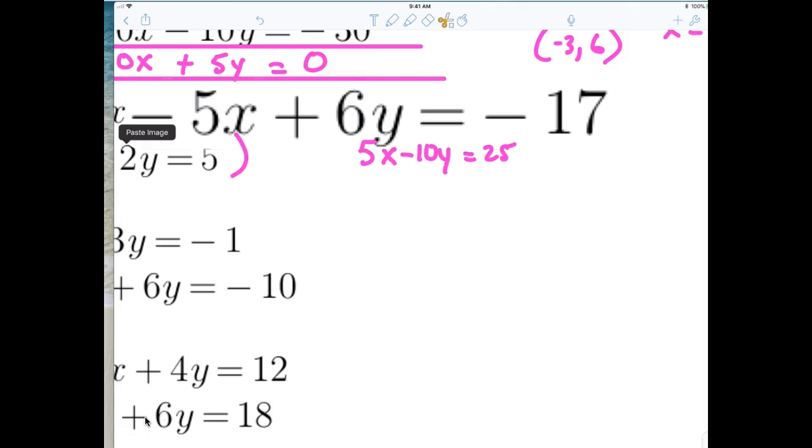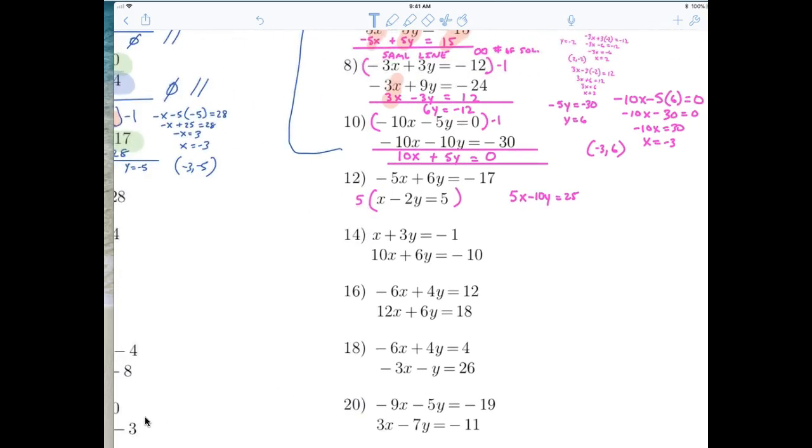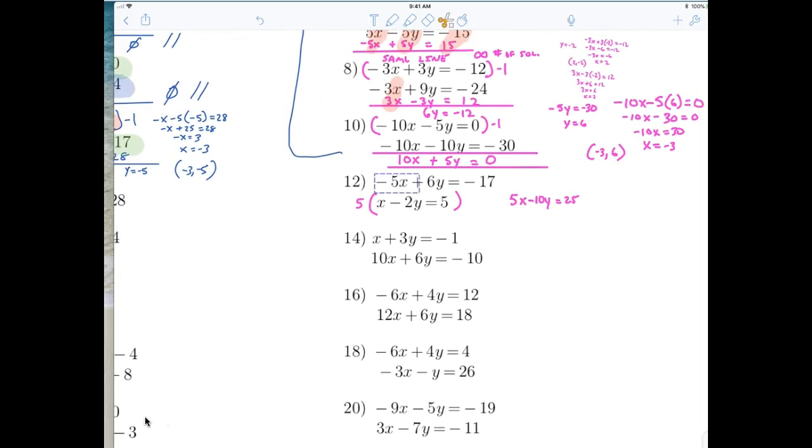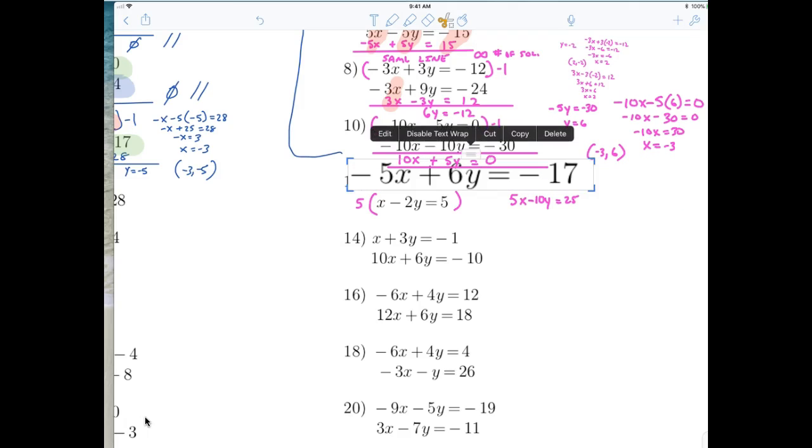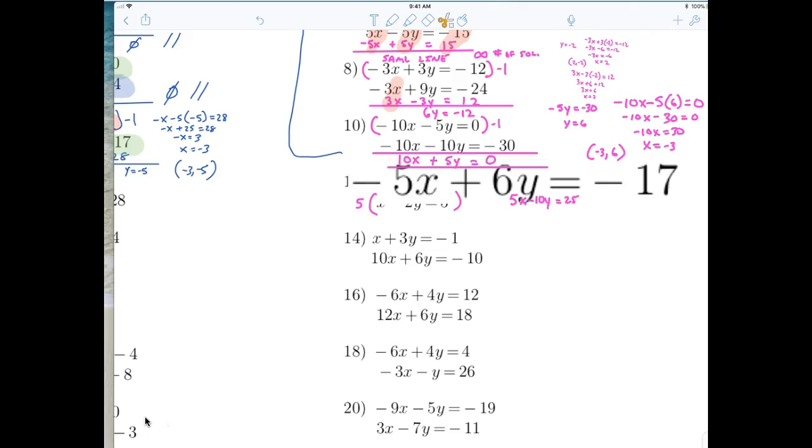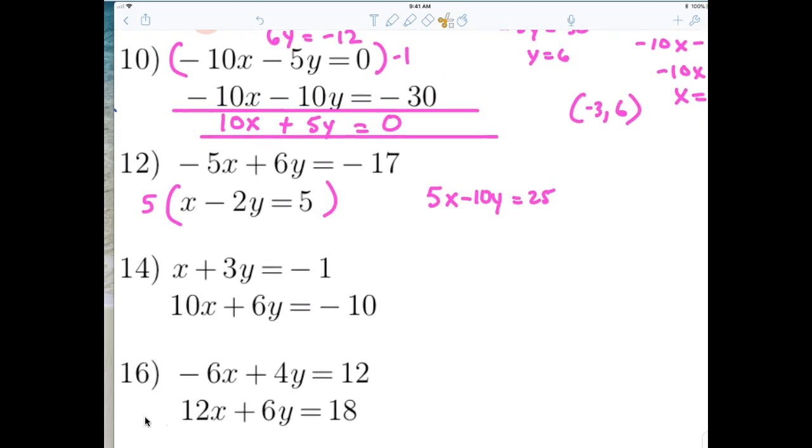I guess it's just not going to let me do what I want to do. All right, so I just have to rewrite it. So what I was trying to show you was negative 5x plus 6y equals negative 17. Do you see what I did?